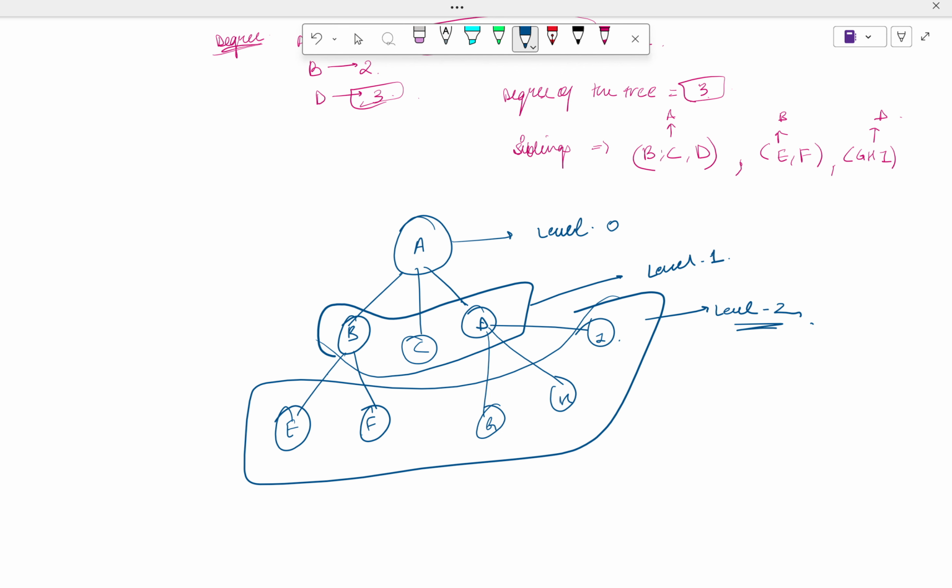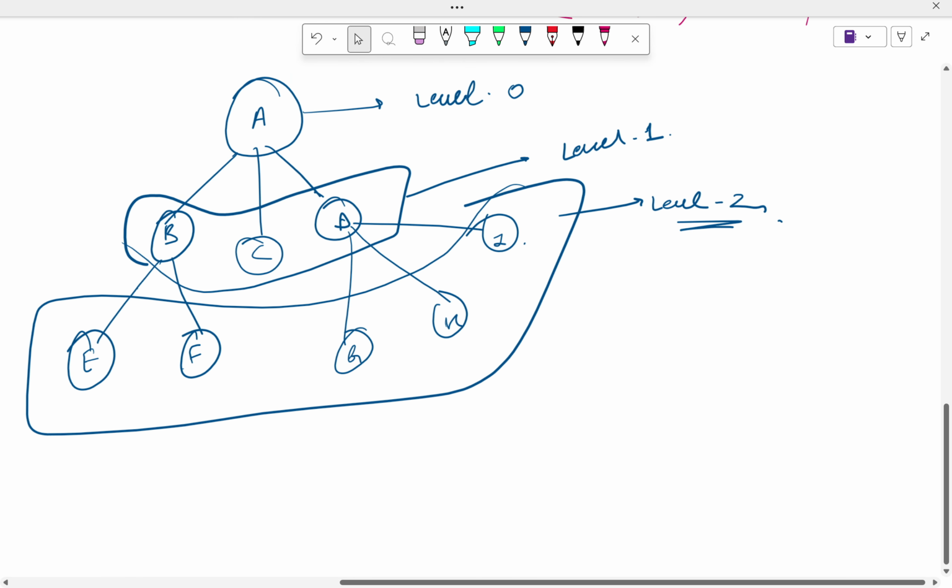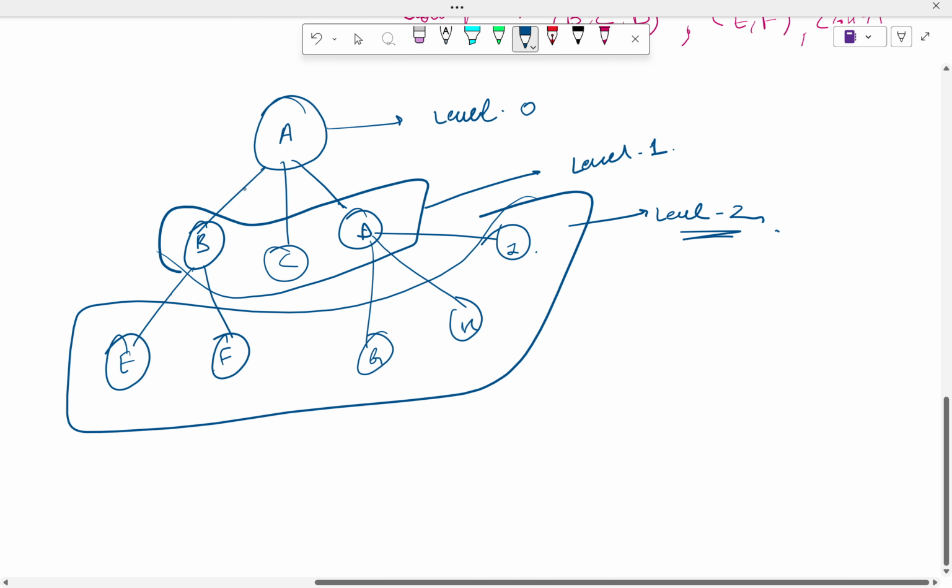Great. Now that we're done with levels, let's come to edges. They're very easy. There's nothing complicated about edges. Edges are just the lines connecting the parents to the children, and these are the edges in this case. Edges are usually represented in the form of tuples.